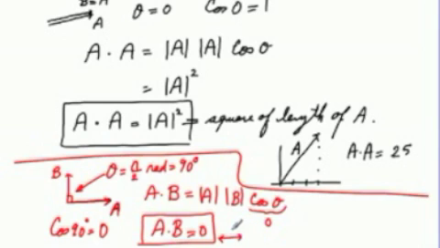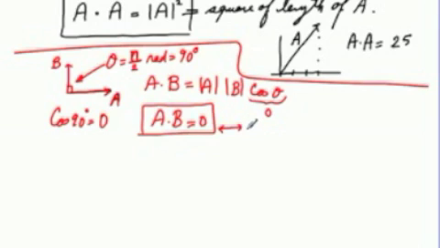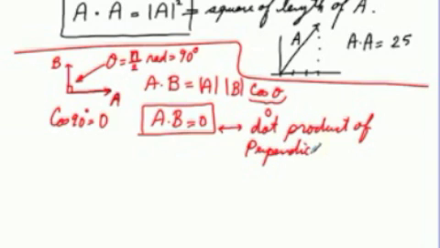This is pi/2, yes. Pi/2. Thick pen is hard to write with it. So what we have is that the dot product of perpendicular vectors is 0. And if the dot product is 0, the vectors had to be perpendicular, or one of them had to be 0 to begin with.